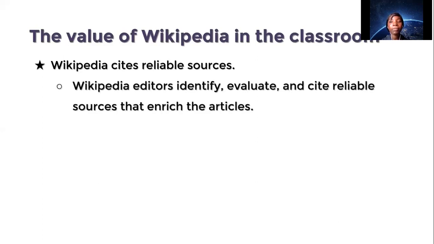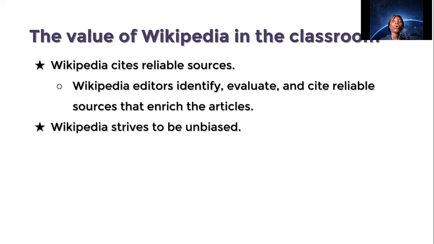So Wikipedia editors, who are volunteers, always identify, evaluate, and cite reliable sources that enrich articles. Like I said, if you want to write or create content on Wikipedia, it must always cite reliable sources. And Wikipedia always strives to be unbiased. Yes, they are not biased.